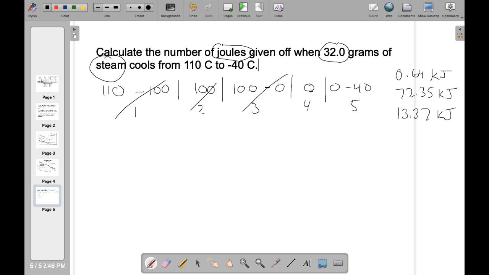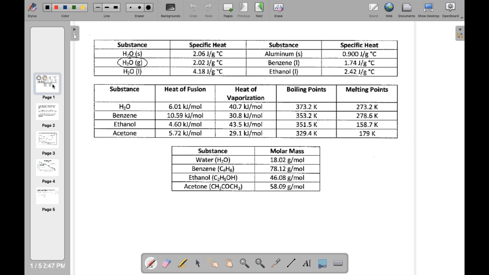Now I need to use the heat of fusion right here. So I have Q equals 32. Remember, I have to convert it into moles. 1 mole is 18 grams. What's the heat of fusion of water?